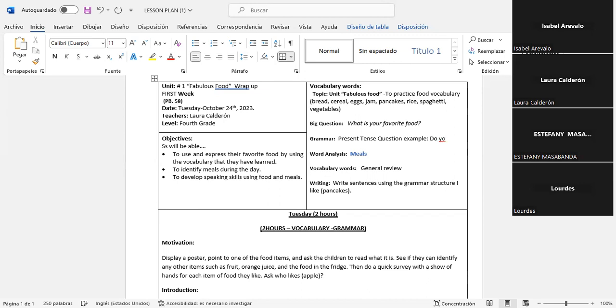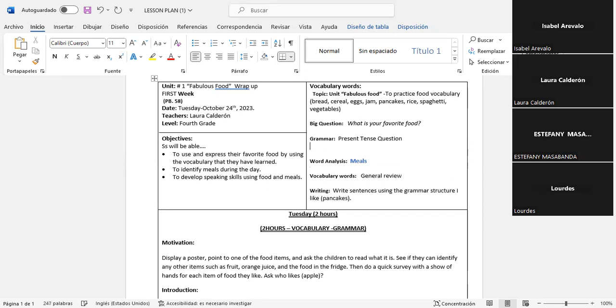And I like and I don't like. Okay, then maybe present tense questions, and I like and I don't like. Okay, in this part you have to write the grammar, right?